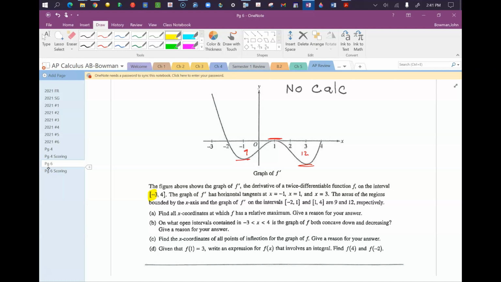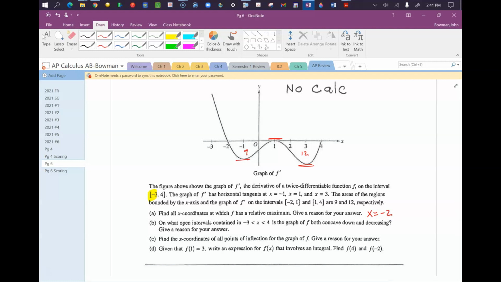At x equal negative 2, f prime changes from positive to negative, which means that f goes from increasing to decreasing, so x equal negative 2 is definitely one place where f has a local maximum.